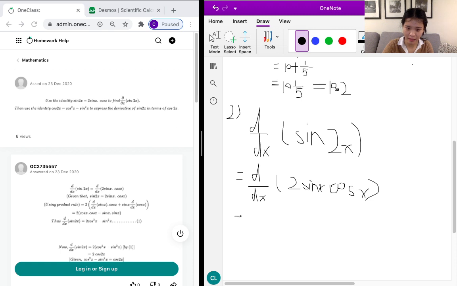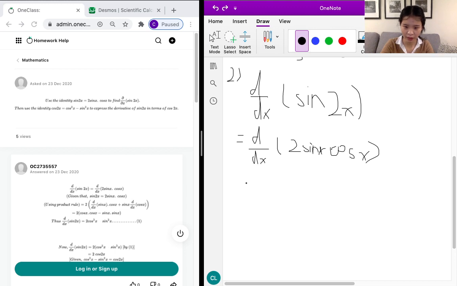Okay, and in order to solve this problem, we just use the product rule. The product rule basically states that the derivative of an expression is the first term of the multiplication times the derivative of the second term of the expression.